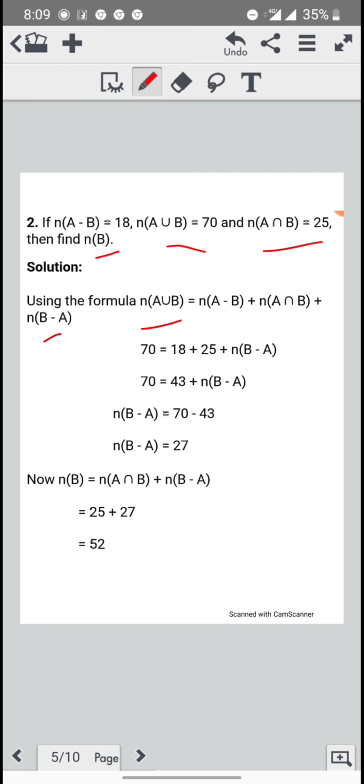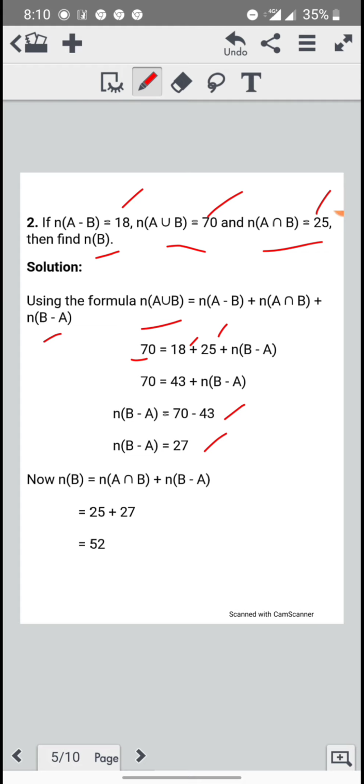Put the value of n(A union B), which is equal to 70, n(A minus B) is equal to 18 here, and n(A intersection B) is equal to 25. n(B minus A), we have to find the value of n(B minus A). n(B minus A) is equal to 70 minus 43, which is equal to 27.